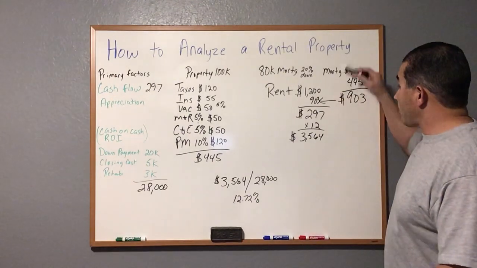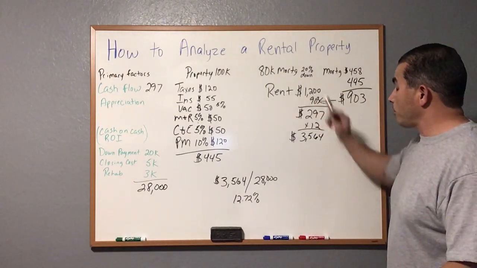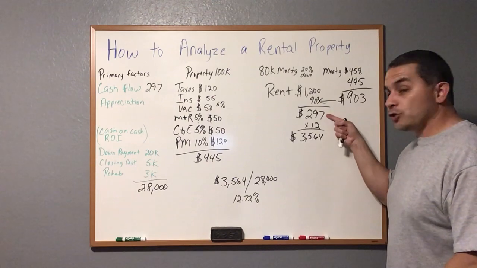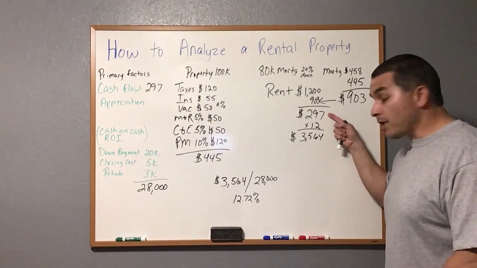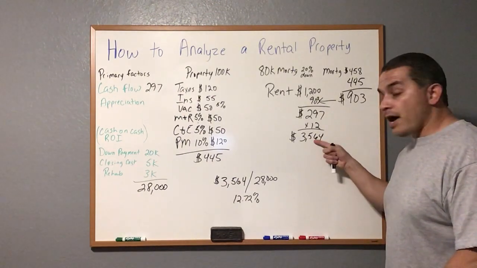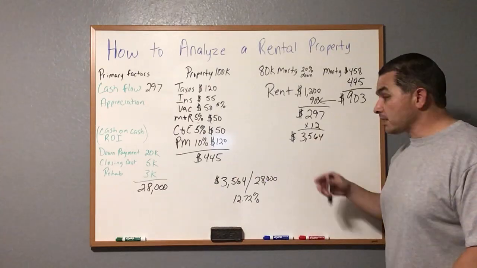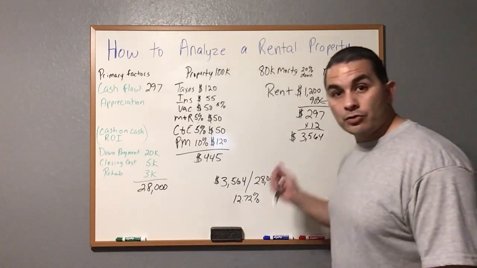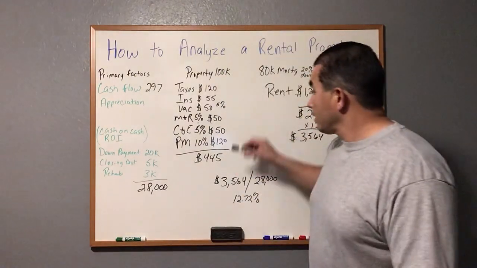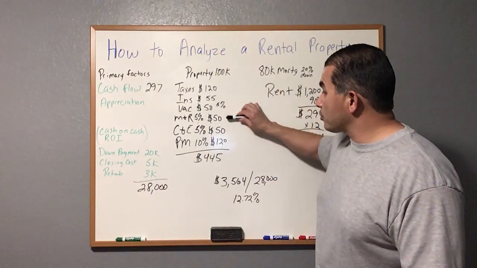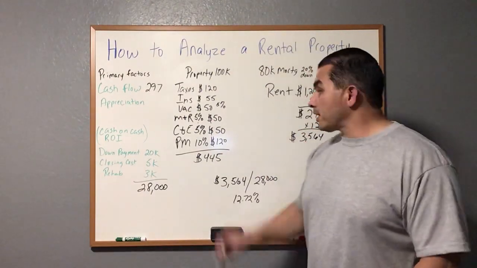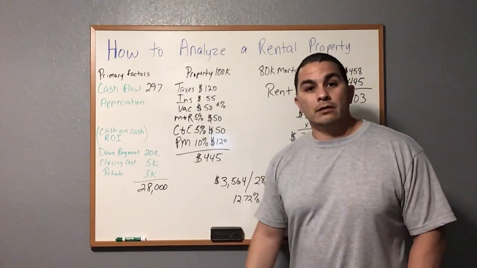You subtract all your expenses from your rent, which is $1,200, comes up to $297 a month, $3,564 a year. That's extra income. This is your extra income. Not including all the money that you're putting away, because this is not used every month.